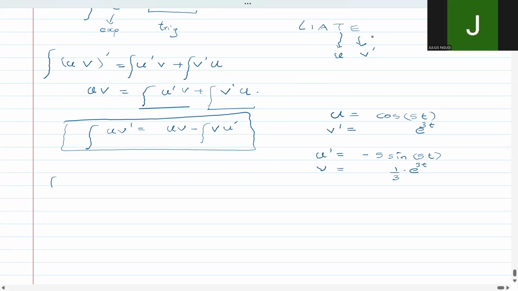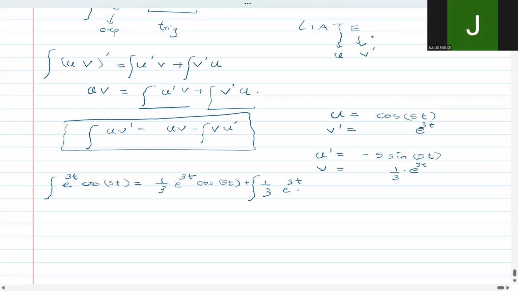So meaning that our integral of exponential power 3t cosine of 5t is equal to u, which is cosine of 5t, times v, so start with v, a third exponential power 3t, multiplied by cosine of 5t, minus the integral of v, which is a third exponential to the power of 3t, multiplied by u prime, which is minus 5.